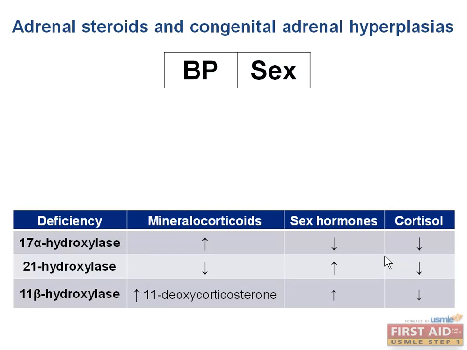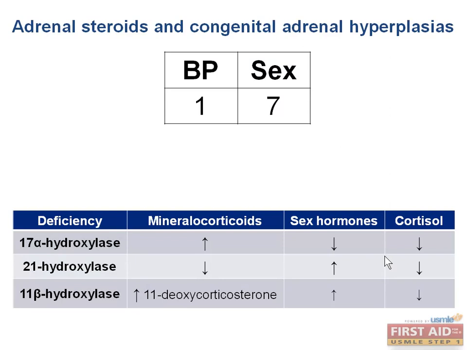Now, underneath each column, write the number associated with the enzyme, such as 17 for 17-alpha-hydroxylase deficiency. In this case, you have a 1 underneath BP and a 7 underneath sex. If we recall, these patients present with high blood pressure, but females are phenotypically normal.